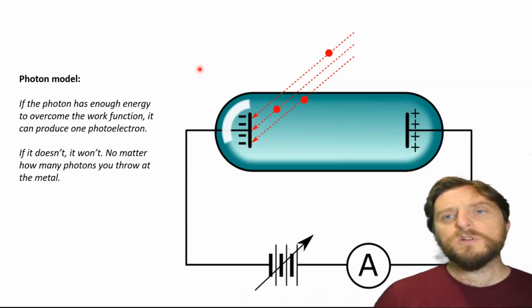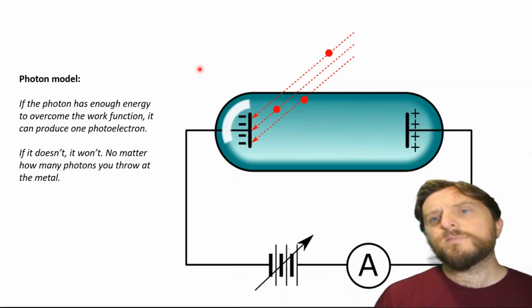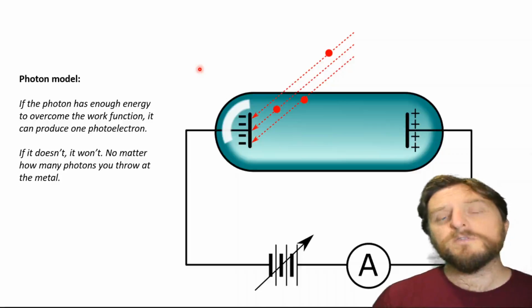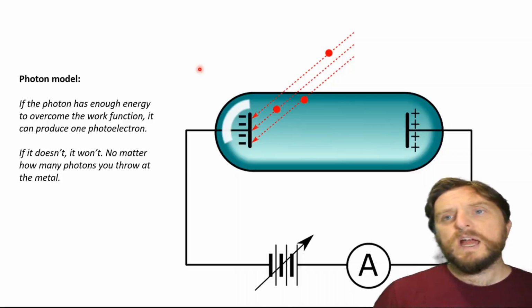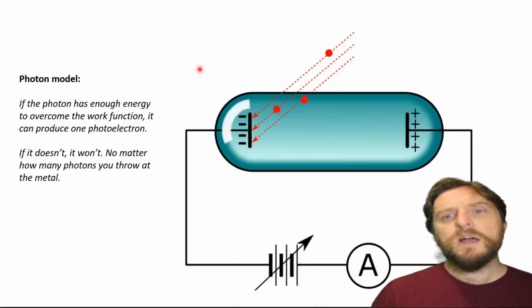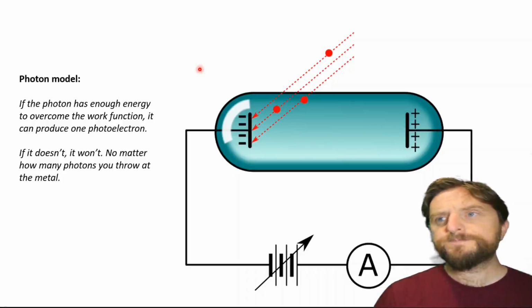So the photon model really explained the photoelectric effect. It was Einstein who actually suggested the photon model for the photoelectric effect, and together with black body radiation, which we'll talk about in a later video, really sealed the idea that light consisted of photons.